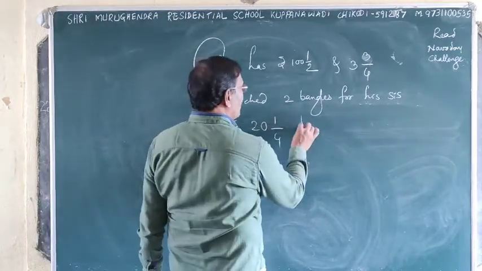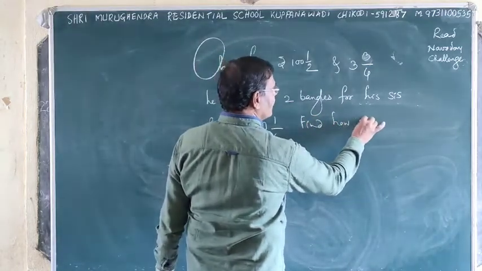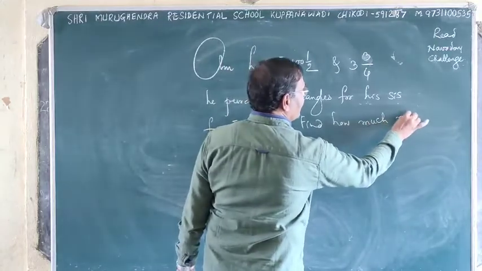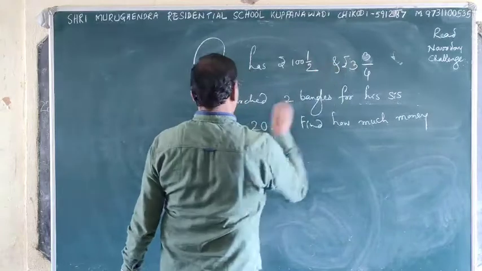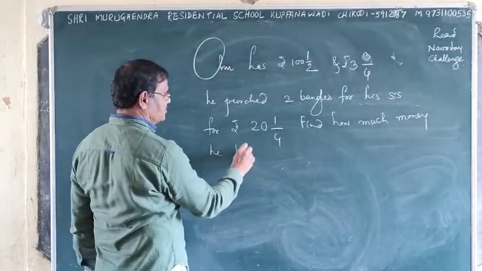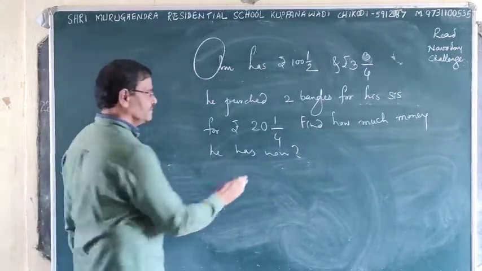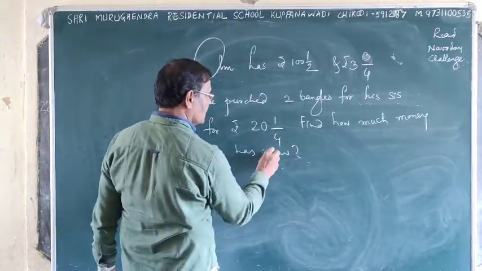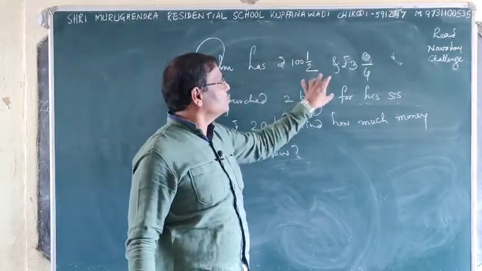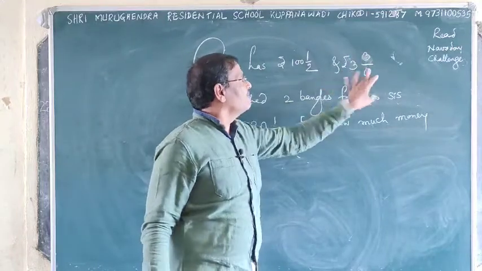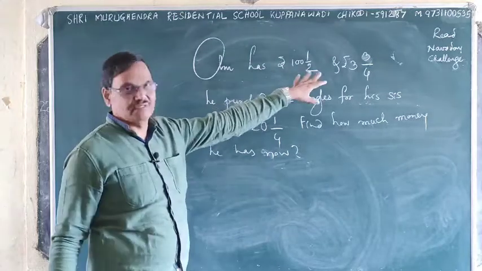Om has 100 of 1 by 2 and 3 of 1 by 4 rupees given.